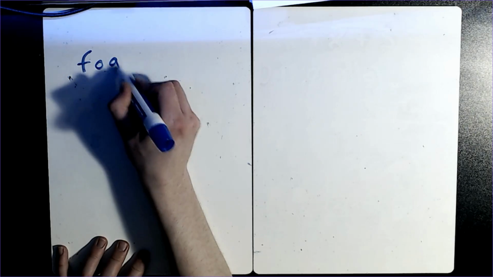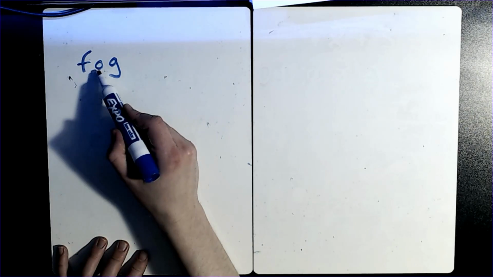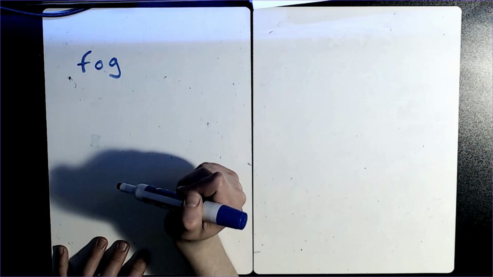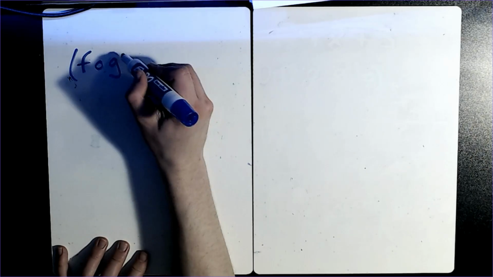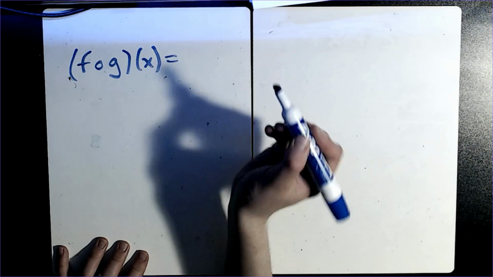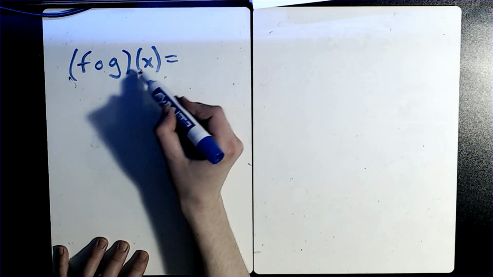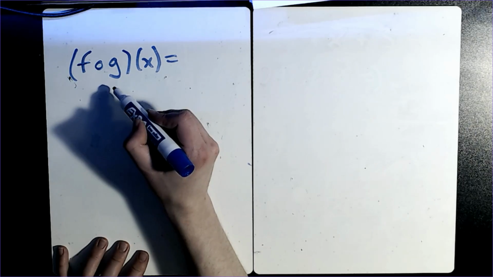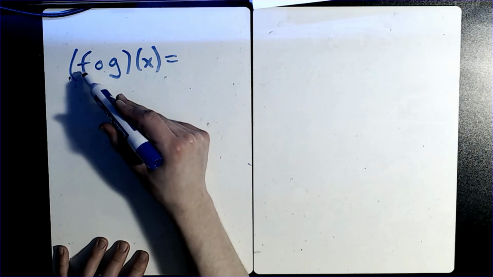Just a review, we did this before in 1010, but if you have two functions and you compose the two, that's what this O symbol means here. F o g means you make a new function by passing the x into g first, and then you plug your answer from that into f.